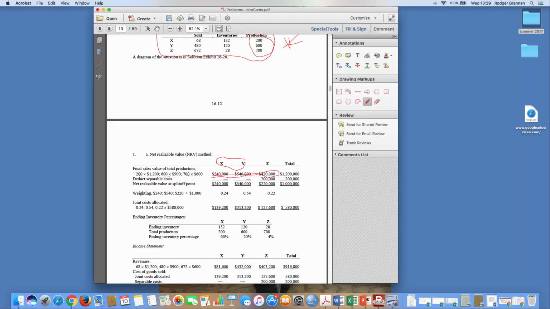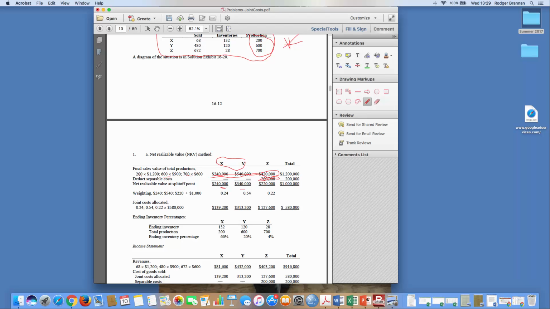And with Z, the one that you have to be careful of is that Z also has a separable cost. So while I can generate the $420,000 of revenues from it, I can only do that if and only if I incur the additional $200,000 of separable cost. So the net realizable value for X and Y would be the amount that I would generate at the split-off point.